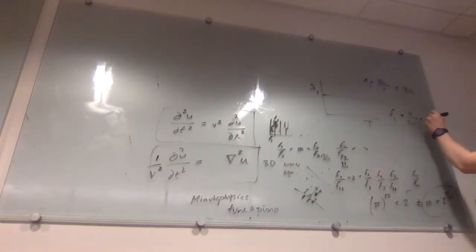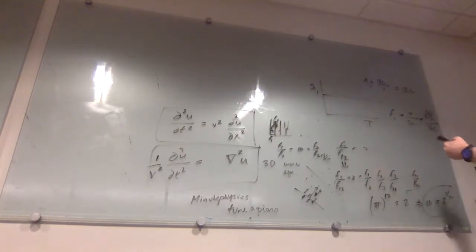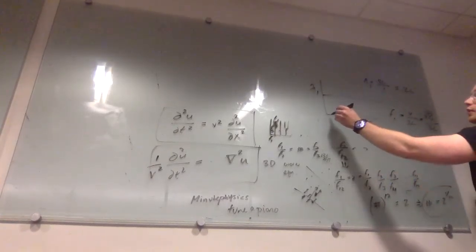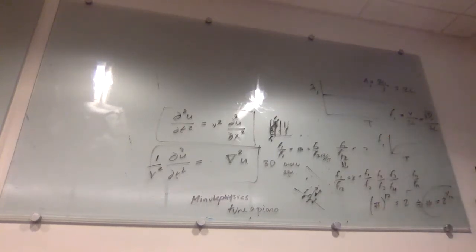Well, if we replace V with the square root of T over mu, now if we plot this, we would get something like a square root of T, because we get square root of T over square root of mu times 2L. Those are just constants, assuming those are constants. So you get something like a constant times the square root of T.